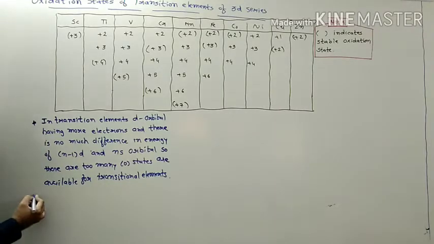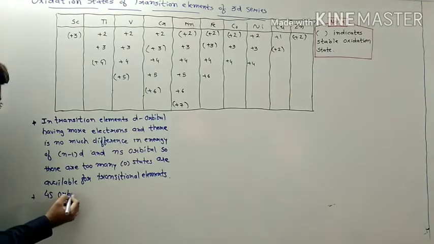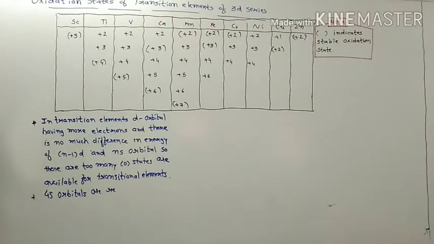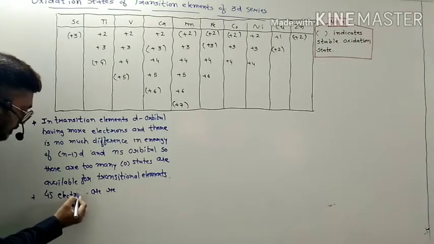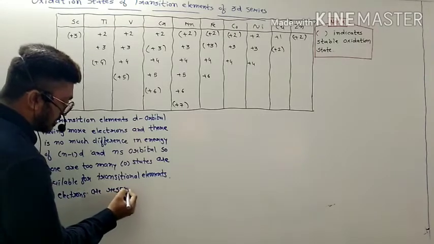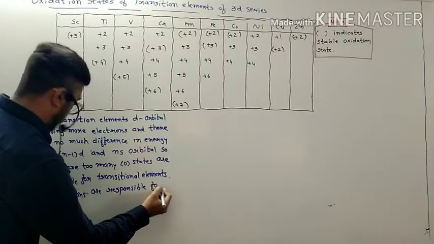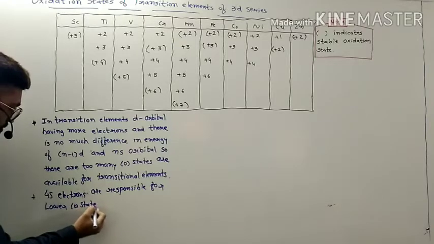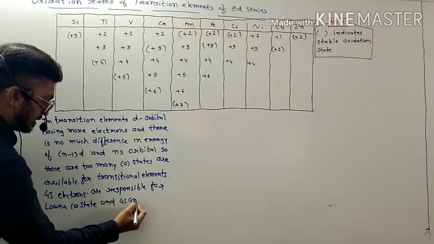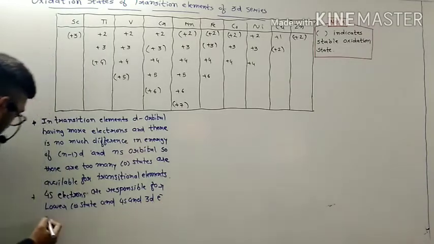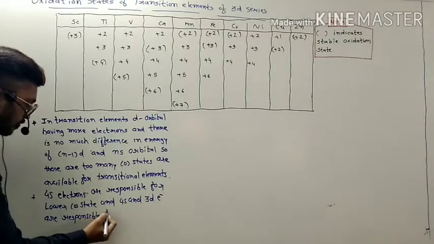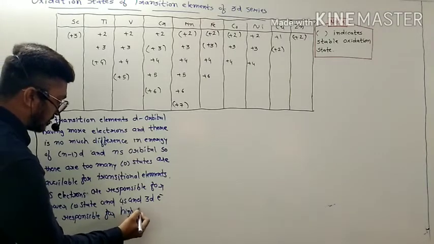Just see, the 4s electrons are responsible for lower oxidation states, and 4s and 3d electrons are responsible for high oxidation states.